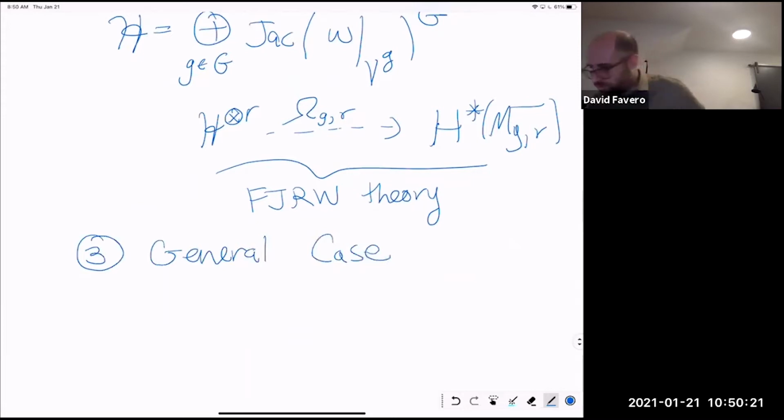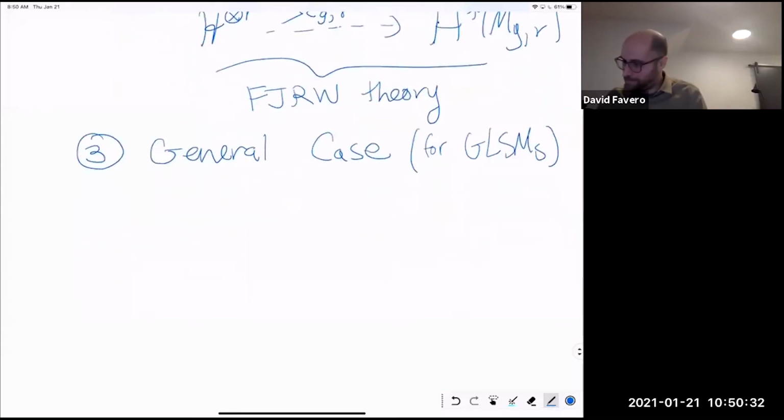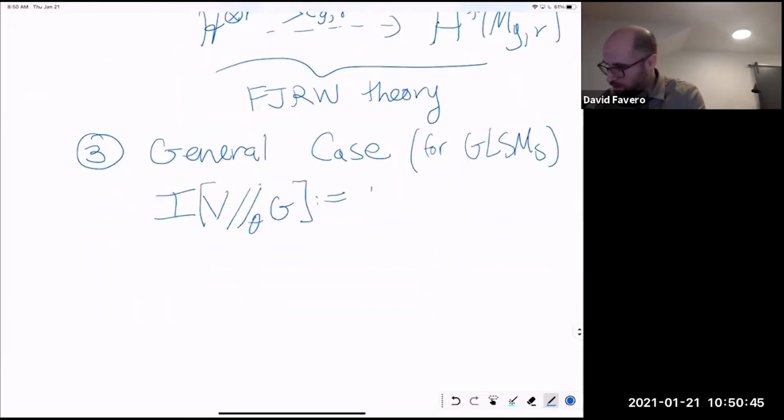So the general case for GLSMs. That's what I mean by general. Is you let the inertia stack be the sum over conjugacy classes of G, sorry, there shouldn't be brackets around there, of this quotient stack.